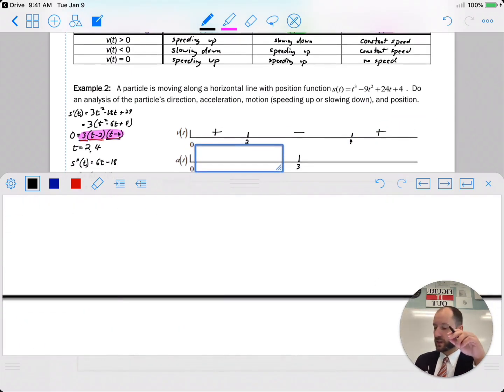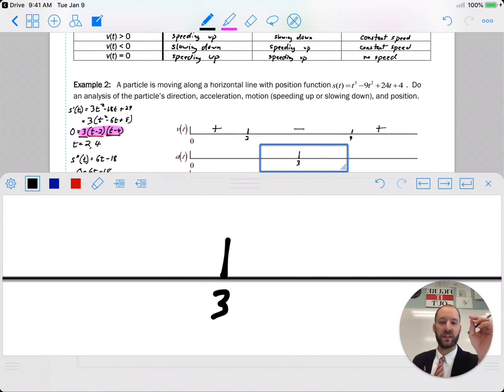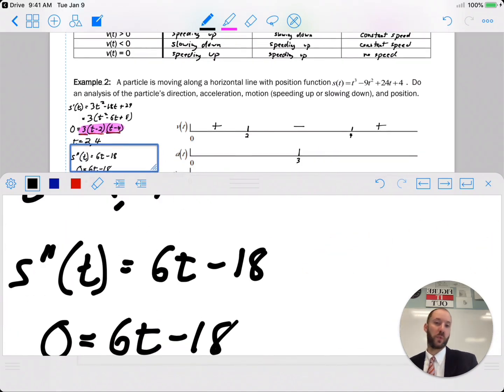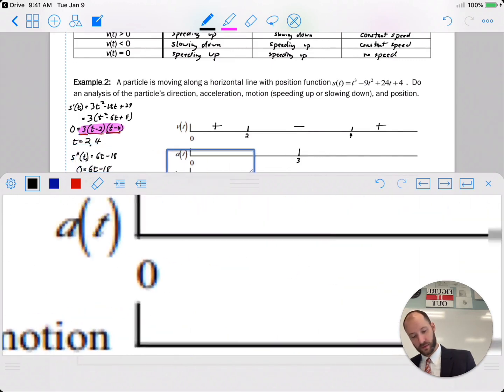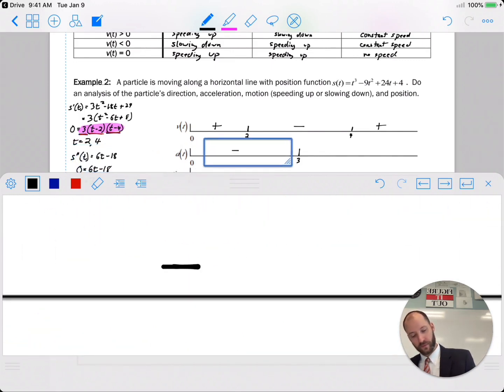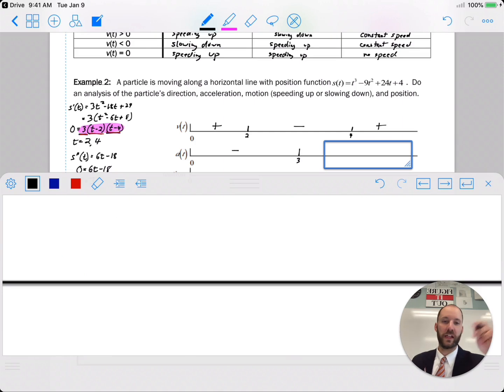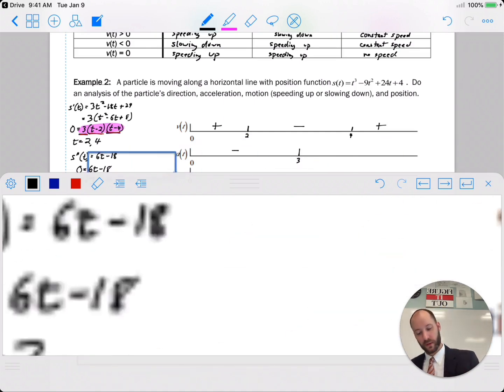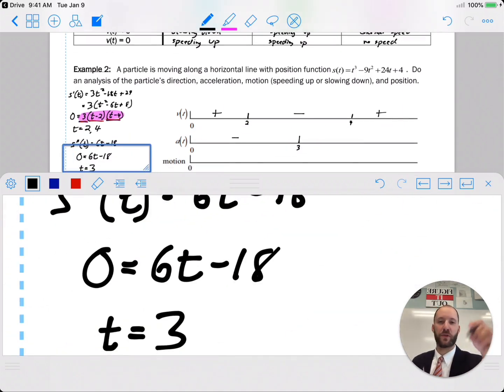Now let's look at our acceleration. We only have one zero, so choose a point to the left of 3 and to the right of 3. For the left of 3, let's choose 1. So 6 minus 18, that's negative. And then to the right of 3, let's choose 5. So 6 times 5 minus 18, that's going to be positive.